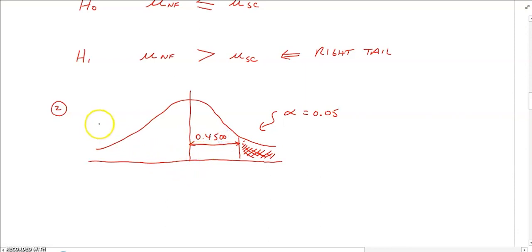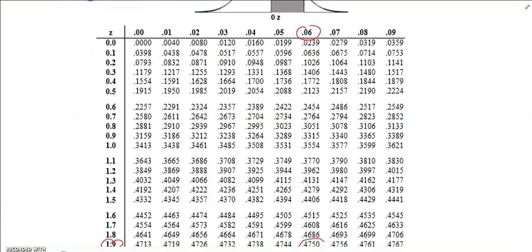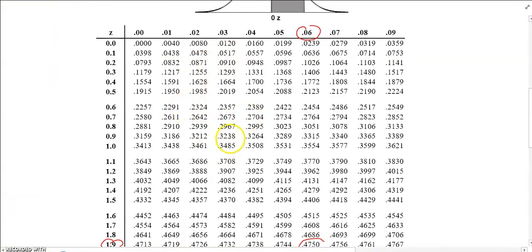0.4500. And once again, let's go take a look at the z-score, or the z-table, to figure out what the value is. So 0.4500 is in between these two, and I'm going to go with the larger of the two values.